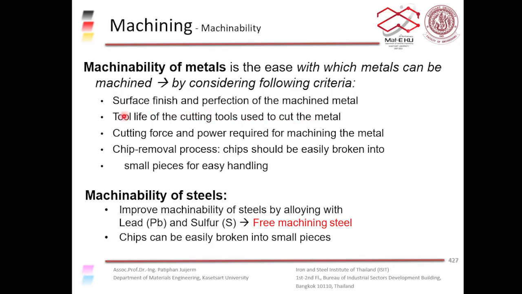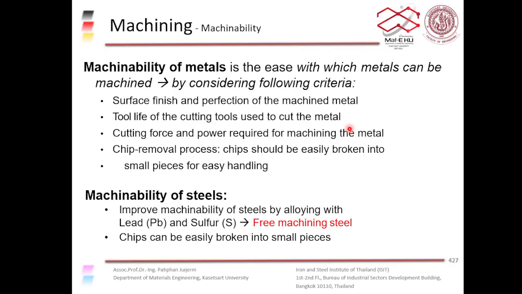The tool life of the cutting tools used to cut metal. So a material with good machinability doesn't ruin the tool too much. So the tool doesn't get worn out too much for material with good machinability. But for material with bad machinability, your tool will get worn down much quicker.